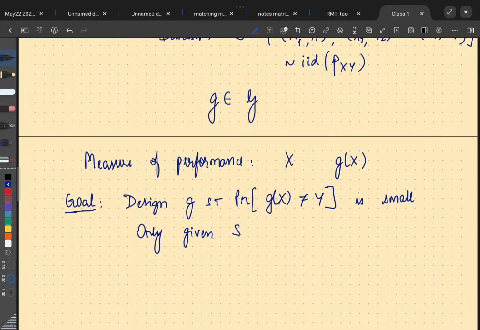Correct. So basically I'm saying that I draw G from some class of functions. Now, beforehand I don't know what is a good class of functions. So whatever I do, I'm limited by this class of functions G. And the best that I can do is what the best G could do.